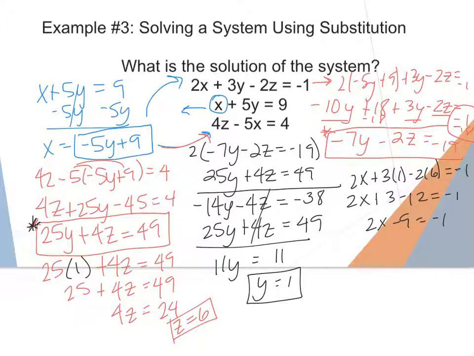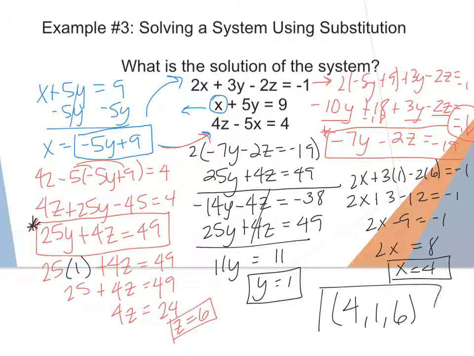If I add 9 over, we're going to have 2x equal to 8, so then x equals 4. And remember, our final answer has to be written as a point, so that point will be (4, 1, 6). And that's our final answer.